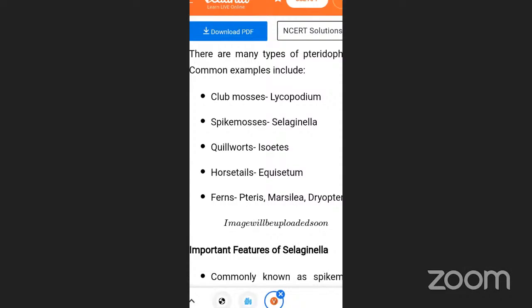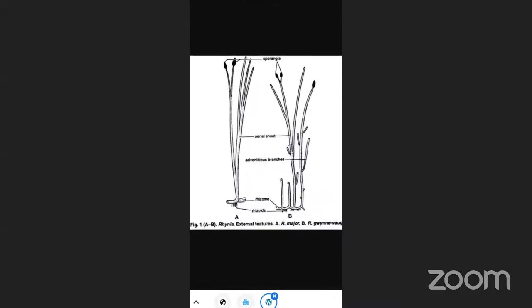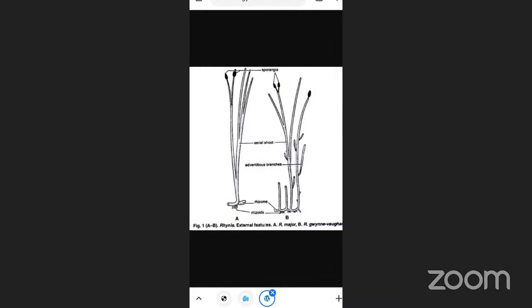So now we discuss another topic, the Rhynia. What is the Rhynia here? In the fifth unit we discuss the life histories of Rhynia, Lycopodium, Equisetum, and Marsilea.